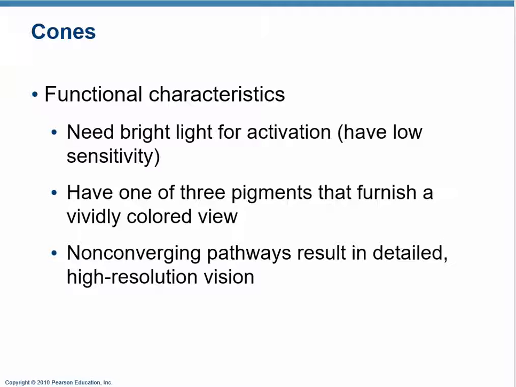And then we build the color perception out of which cones are responding how much. And so color is really basically perception out of various mixing and intensity of these 3 different pigments that are in 3 different cones.